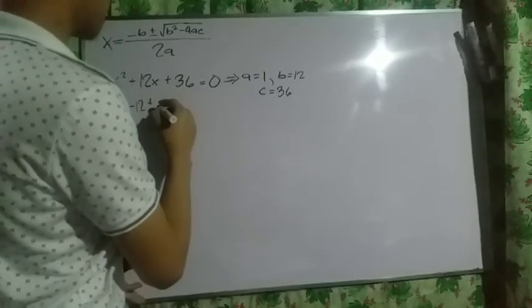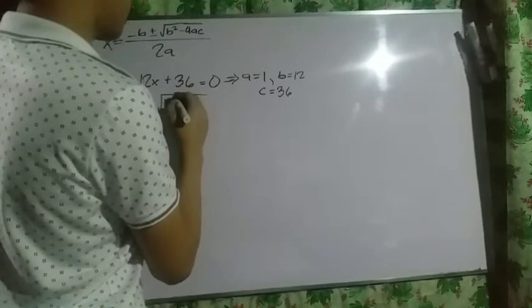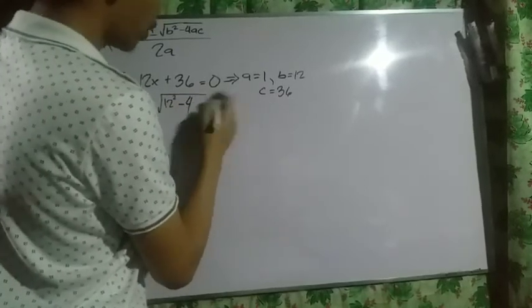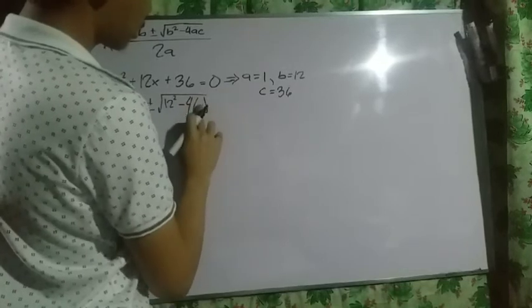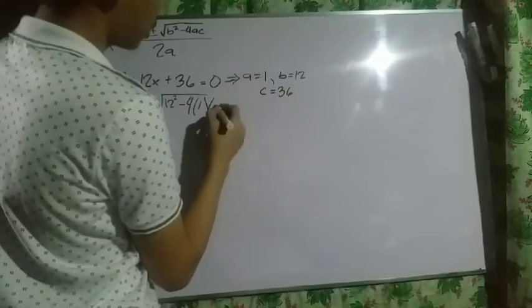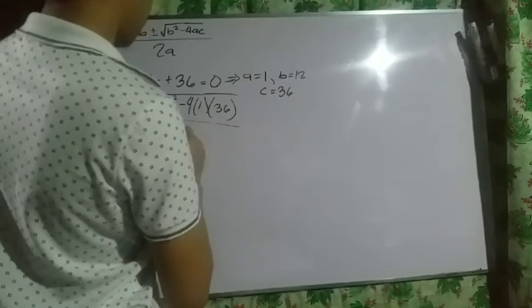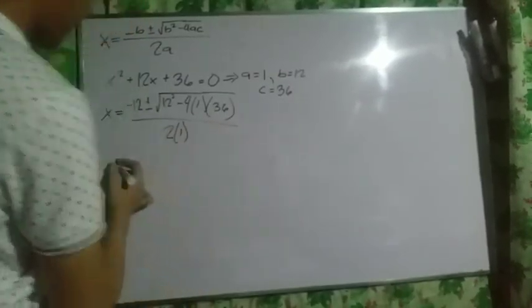Plus or minus square root of 12 for b squared. So it is 12 squared minus 4 times a times c, which is 36, over 2a, so it is 1.